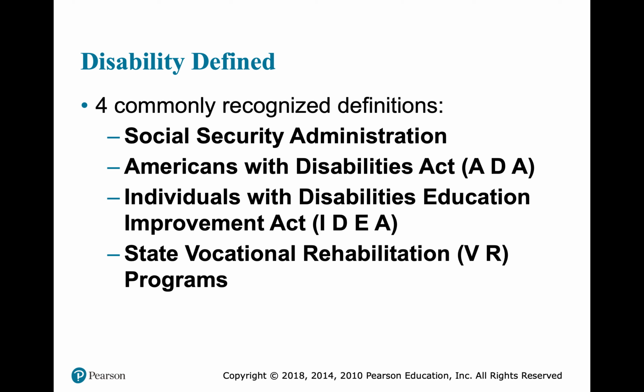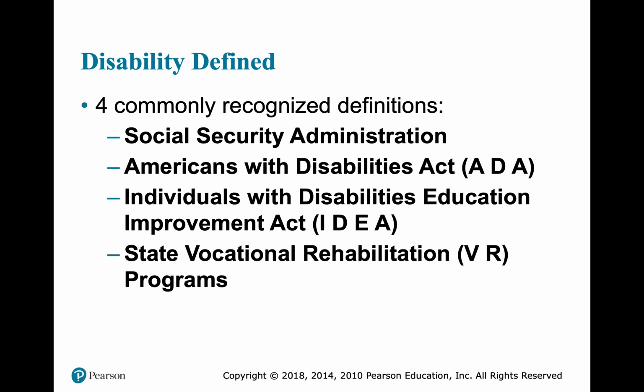The next one is the Americans with Disabilities Act, ADA. Here, disability is a physical or mental impairment that substantially limits one or more major life activities. There's a range. It can include physiological disorders or conditions, cosmetic disfigurement, anatomical loss, and psychological disorders.